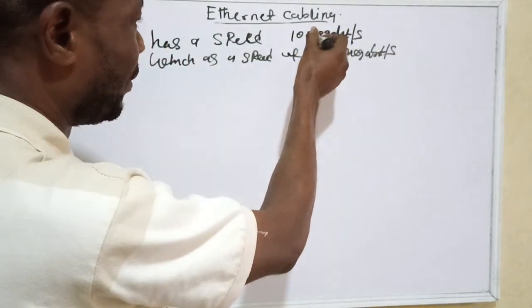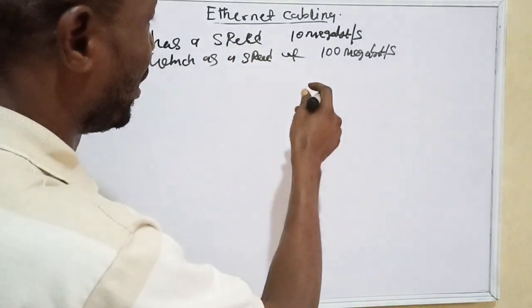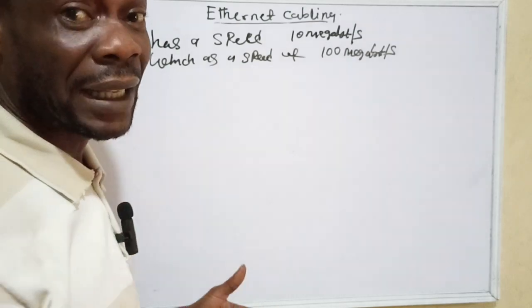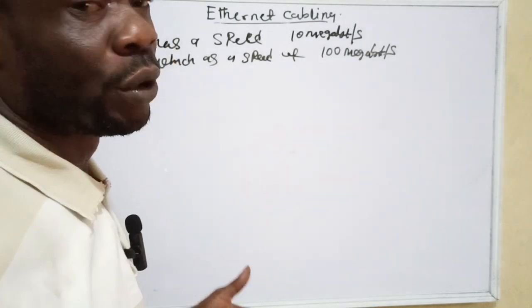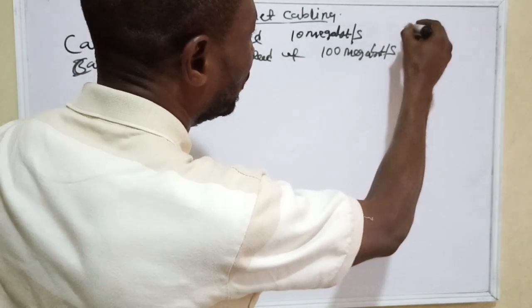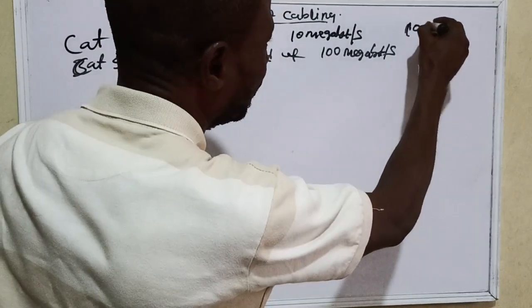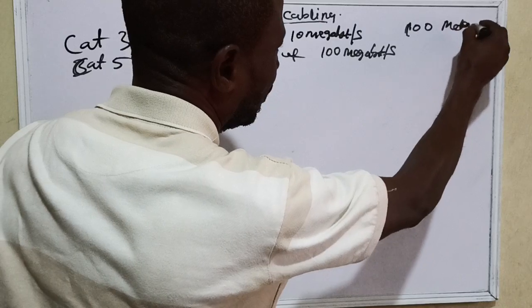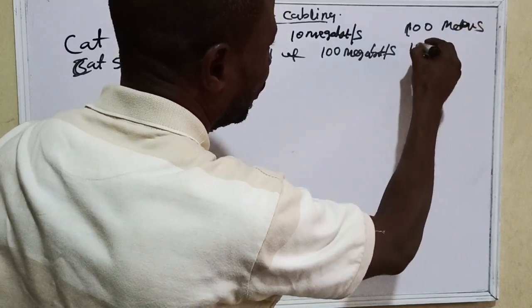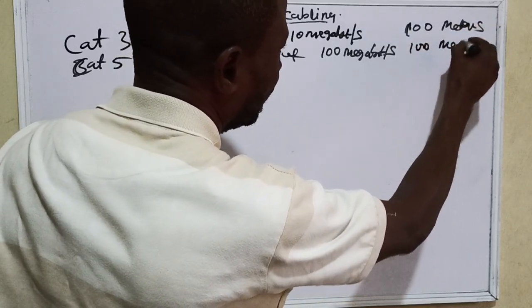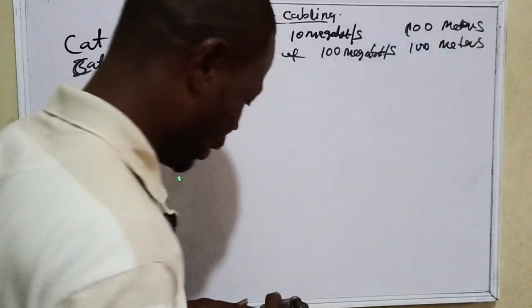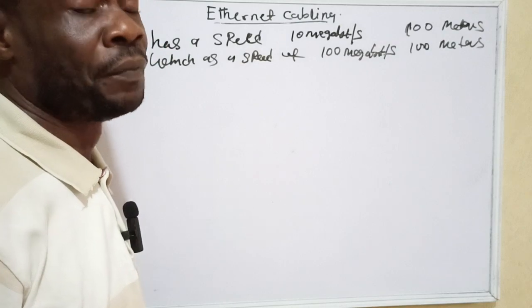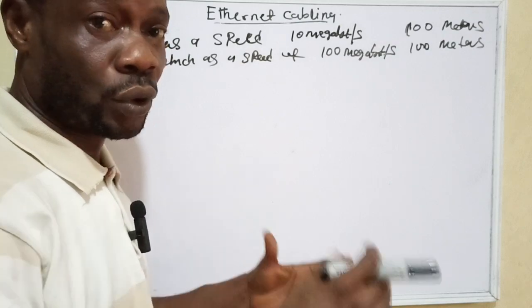Cat 3 and category 5 can transmit data at a range of 100 meters, from computer to switch.